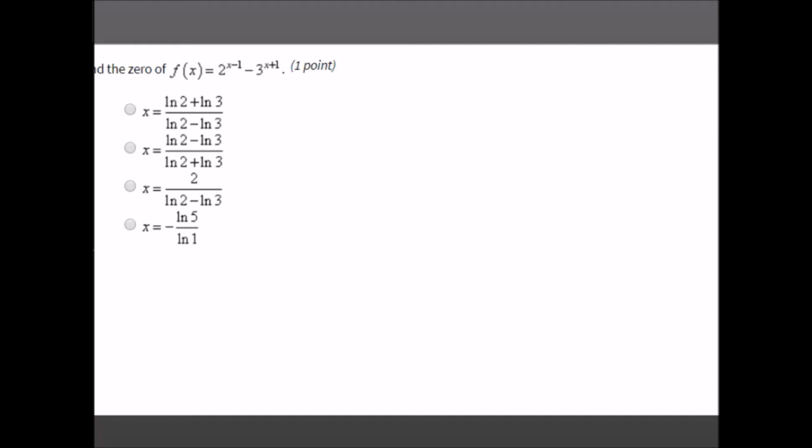All right, finding a zero. This looks complicated, but the concept is the same that it's always been. If I ask you to find a zero, I'm asking you to find where the x-intercept is for this function. So I'm going to graph 2 to the x minus 1 minus 3 to the x plus 1, and I'm going to see where it crosses the x-axis.